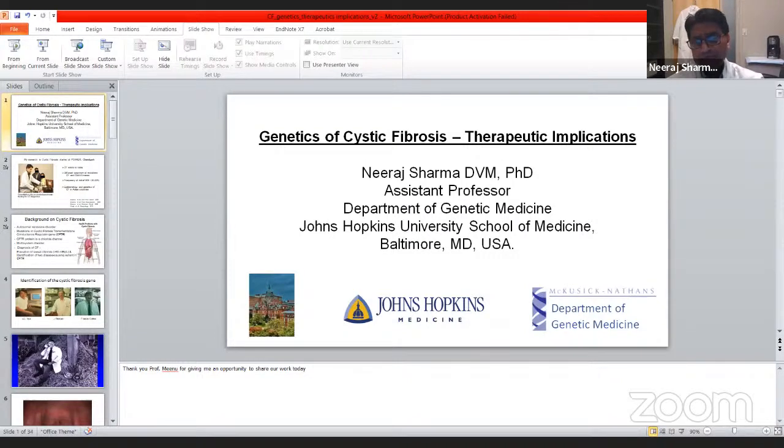We also published a review, Epidemiology and Genetics of CF in Asian countries, emphasizing how we should move ahead with functional characterization of these variants among Asian populations so that they can be prioritized for precision medicine.